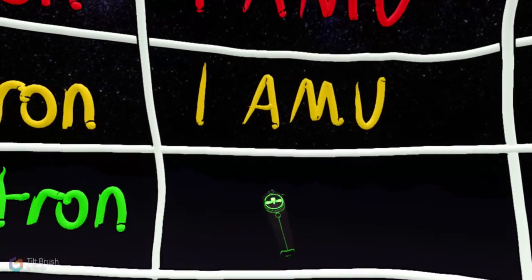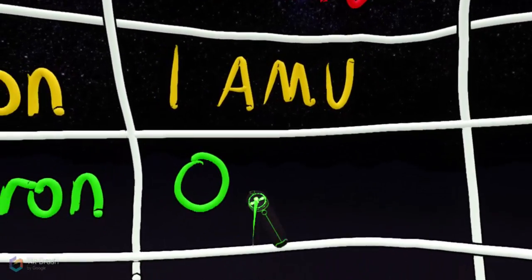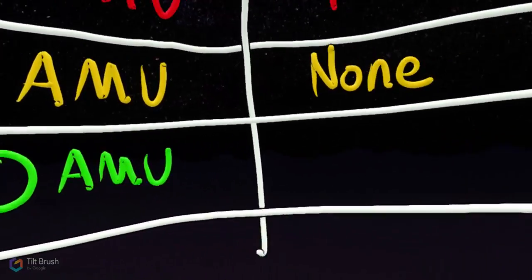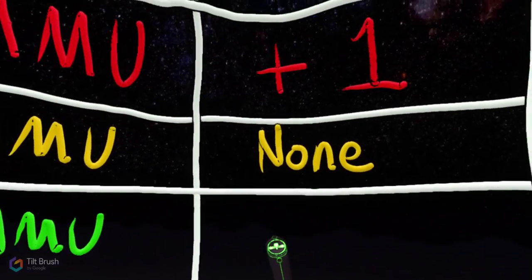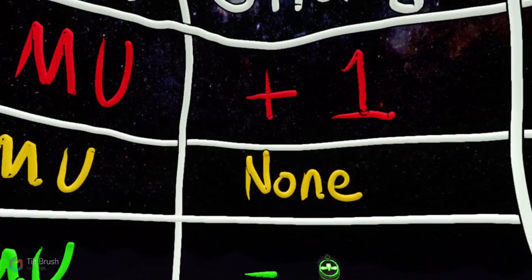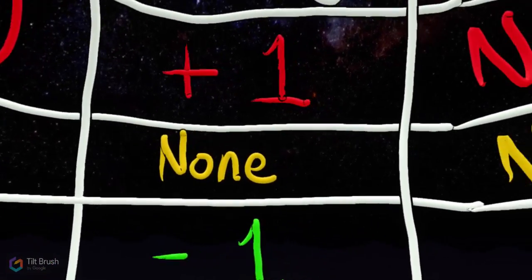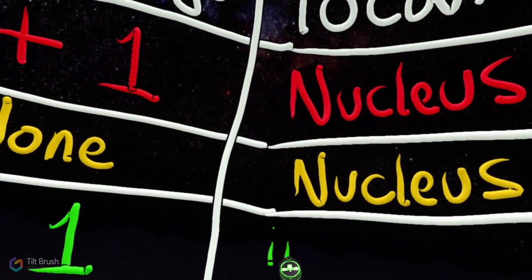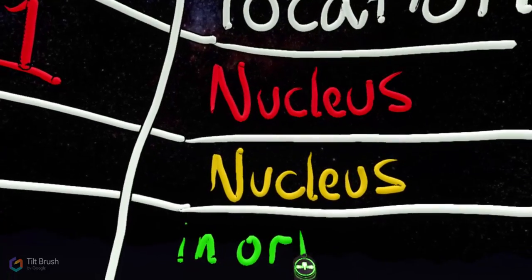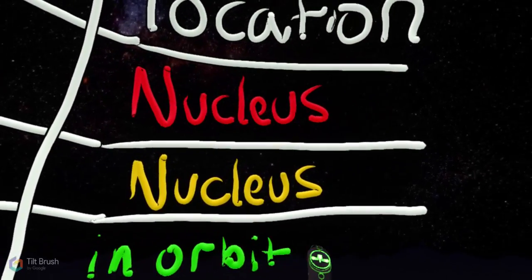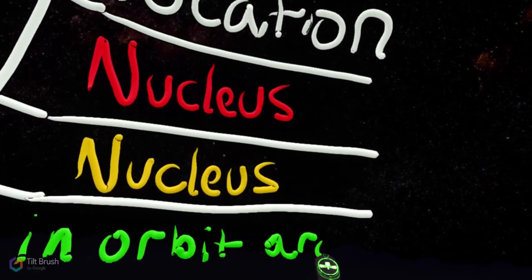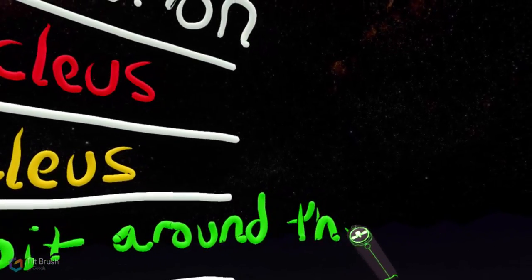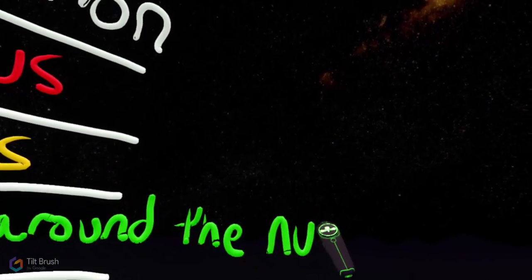All right, electrons weigh 0. That's 0 atomic mass units, is 0 everything, really. I mean, it's 0. An electron has a charge of -1. And it is in orbit around the nucleus.